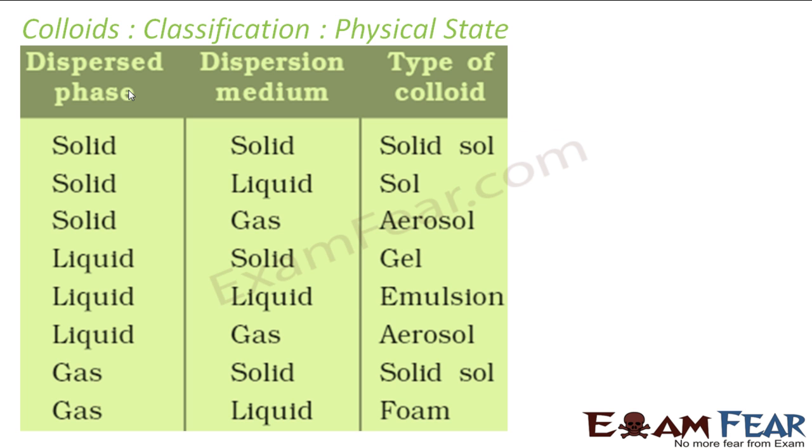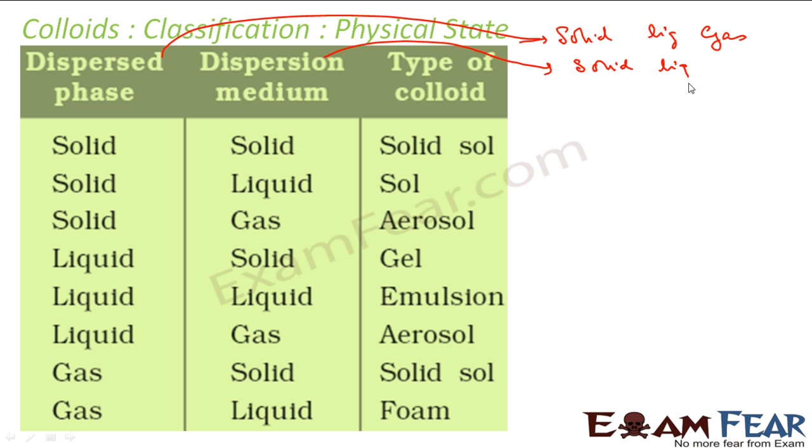There are three physical states: solid, liquid and gas. Let's suppose this is for my dispersed phase. Similarly, my dispersion medium can also be solid, liquid and gas. So by probability, how many possible combinations can we have? 3 into 3, that is 9.